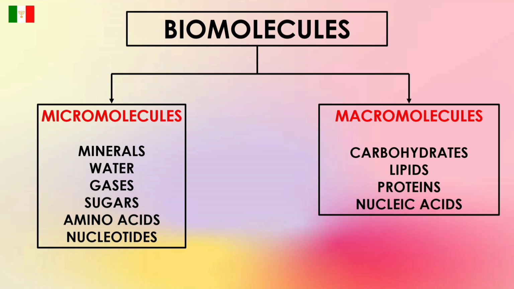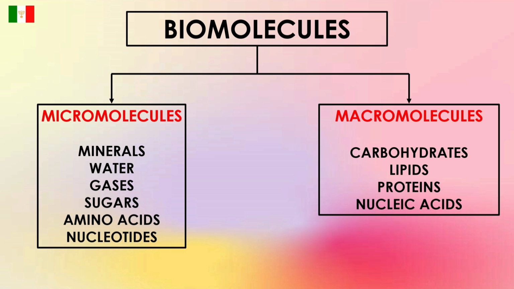Biomolecules are either micromolecules or macromolecules. In biology, a micromolecule refers to a molecule of relatively small size and low molecular weight as opposed to a macromolecule, which is large and with greater molecular weight.